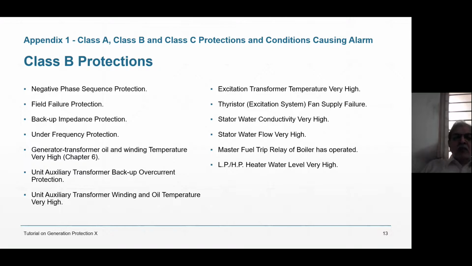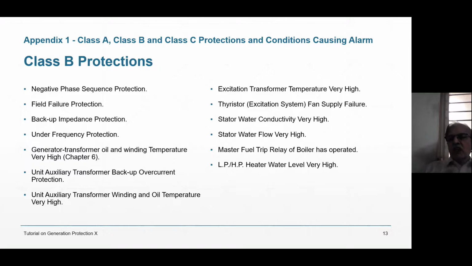Similarly, unit auxiliary transformer backup overcurrent protection. Unit auxiliary transformer winding and oil temperature very high. Excitation transformer temperature very high. Thyristor fan supply failure. Stator water conductivity is high. Stator water should be insulating. Its conductivity has to be measured, because otherwise a person may get shocked.